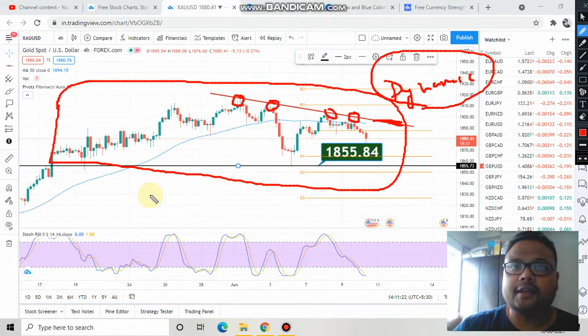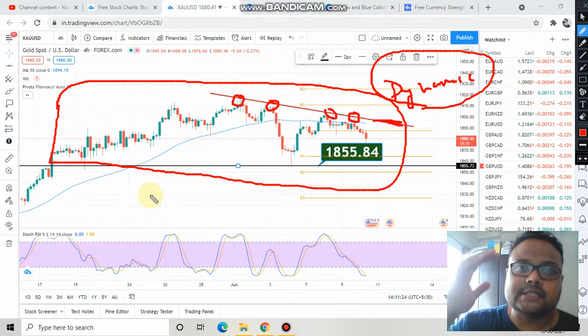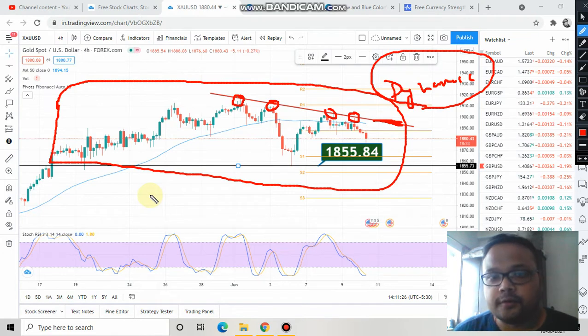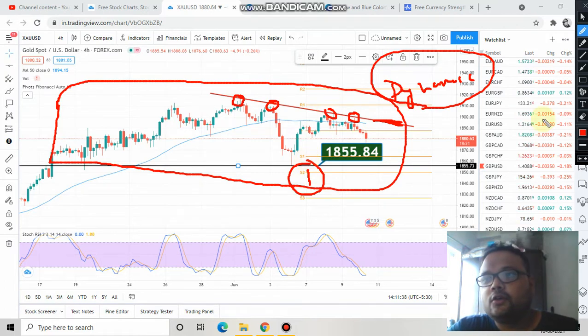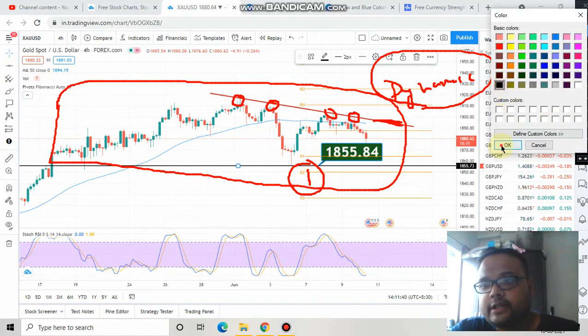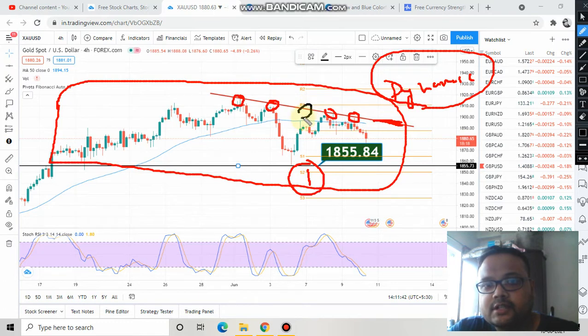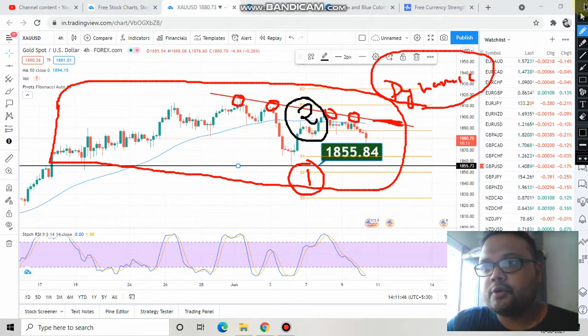In a sideways market, we can short the market at a resistance and go for a buy at the support. Therefore, considering the present trend of the market, you can short the market also. So your best trading opportunity is the 1855 level. Your second best trading opportunity is if the market reverses from this trend line.